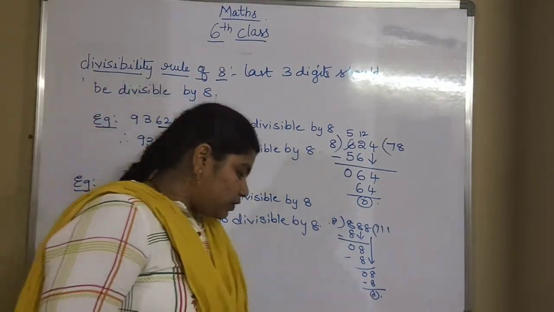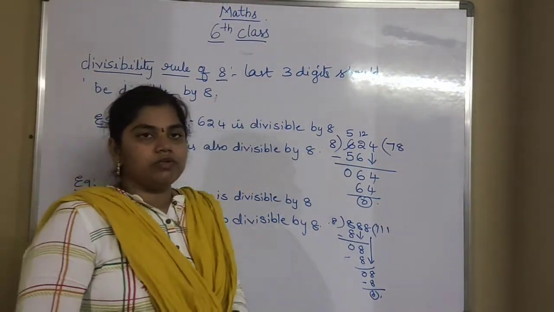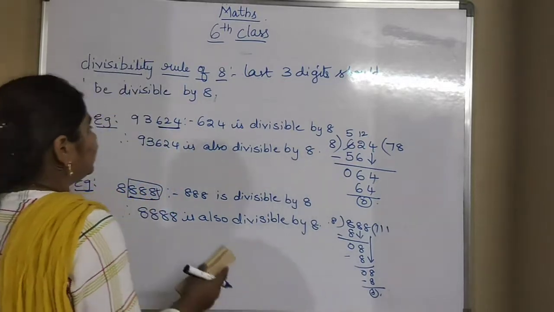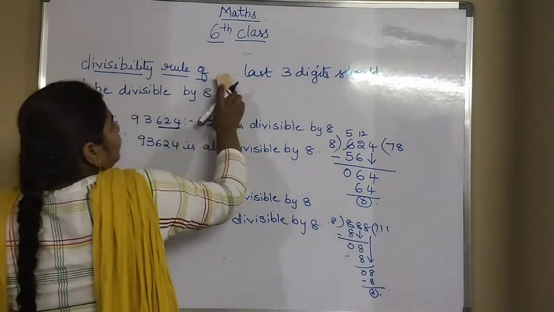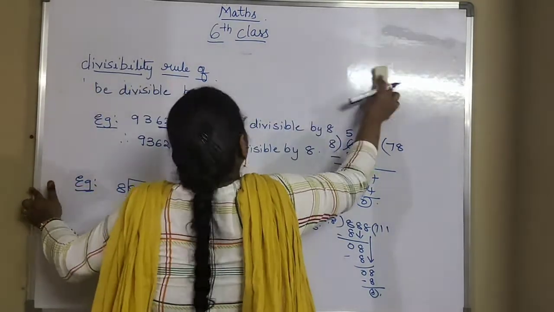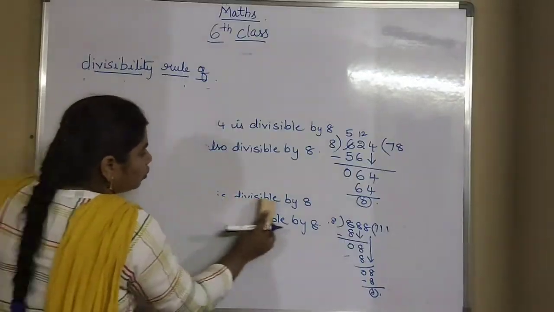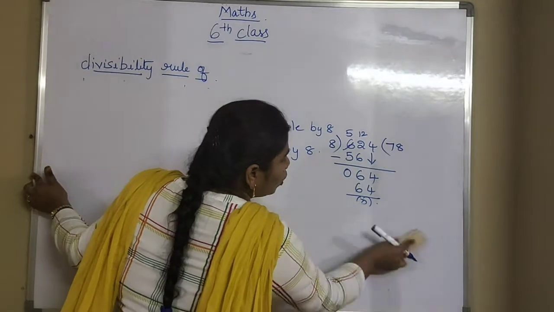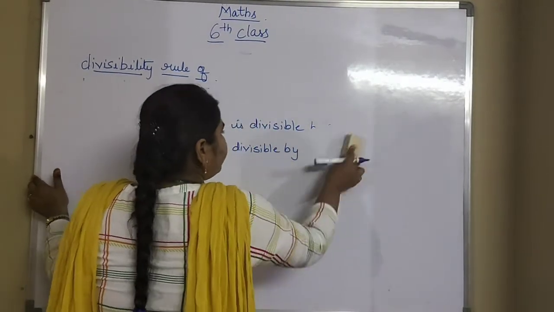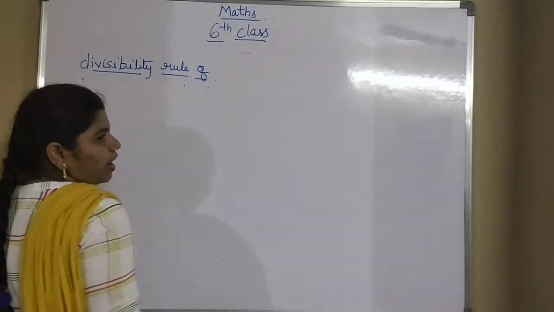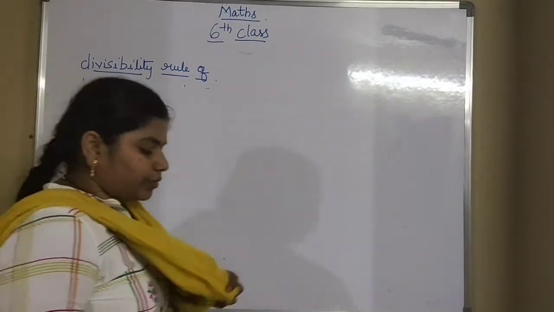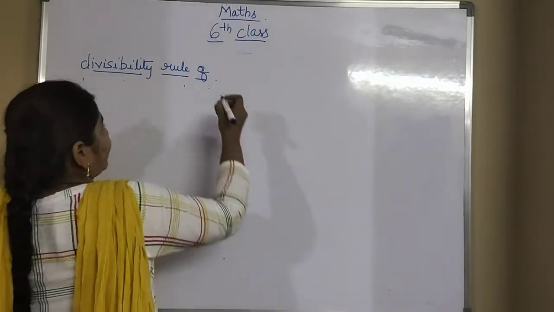So what is the next divisibility rule? Next divisibility rule is 9. So this divisibility rule of 9 is same as the divisibility rule of 3. How you did for 3, in the same way we have to do for 9 also. That means what is the divisibility rule of 9 here?